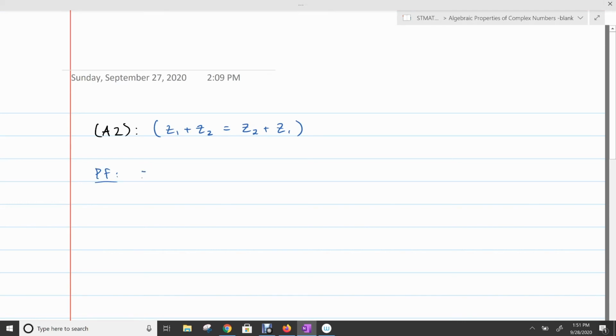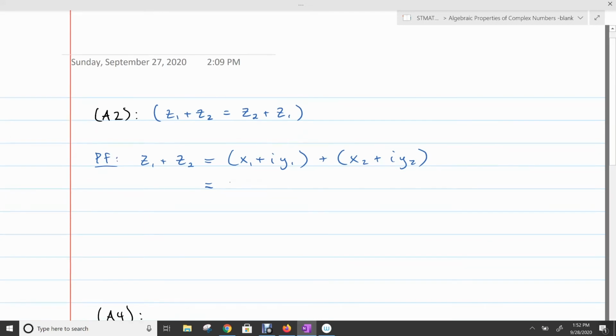So z1 plus z2 equals x1 plus i y1 plus x2 plus i times y2. And then based on our previous discussion, we know that the way that these numbers can be added is component-wise, or in other words, we can add the real parts and we can add the imaginary parts separately. And so doing that, we get x1 plus x2 plus i times y1 plus y2.